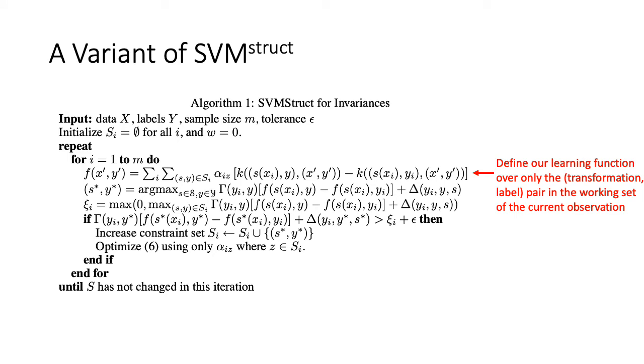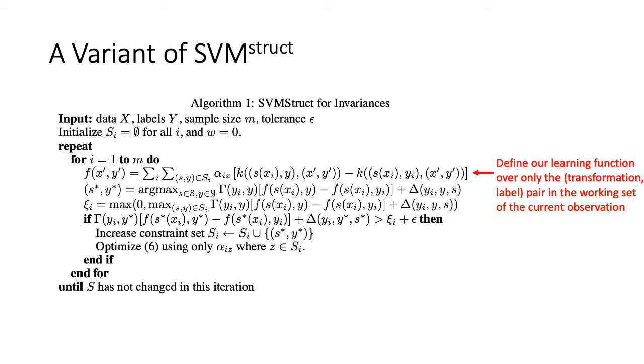So the actual algorithm is basically built in 4 parts. This first part here, the f of x prime y prime, is going to be your compatibility score, though it's modified from the compatibility score in general. Instead of looking at the entire space of Lagrange multipliers, those little alpha things, you actually only look over the subspace of Lagrange multipliers that you found that are consistent with the transformation label combinations that are in the current training example's working constraint set, that S_i there.